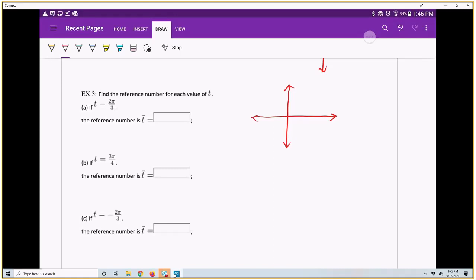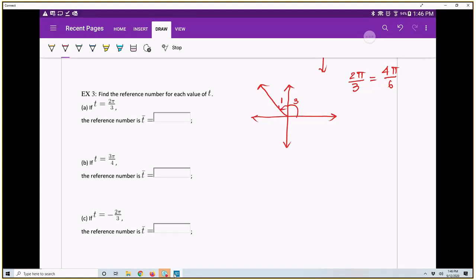So 2 pi over 3. By my counting process, you will first think of 2 pi over 3 as 4 pi over 6, and then remember in each quadrant you have 3 pi over 6s. So if I complete this, that's 3 pi over 6. I need one more. So I can actually write this as 3 pi over 6 and this is 1 pi over 6. So this is the angle in the standard position.